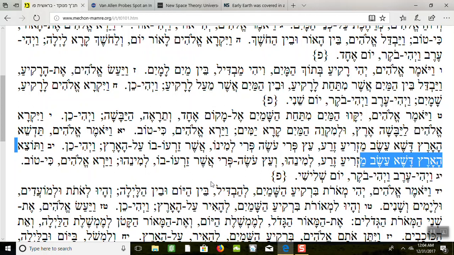Okay. Next we have Vayehi erev, vayehi voker, yom shlishi. Again, it came to be evening, and it came to be morning, day three. So everything was done up until day three, and the reason is that we know that eventually man was going to be made.